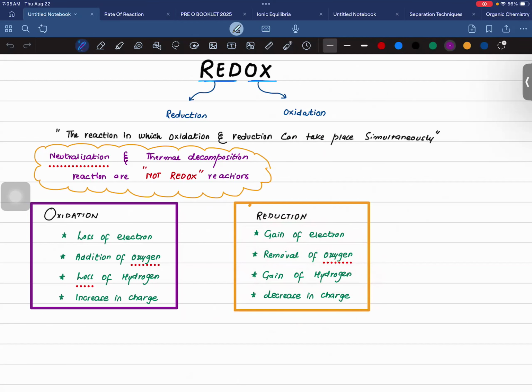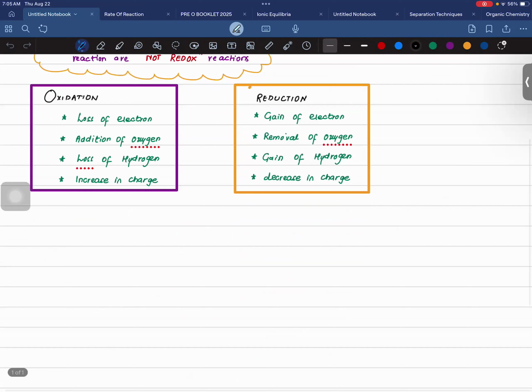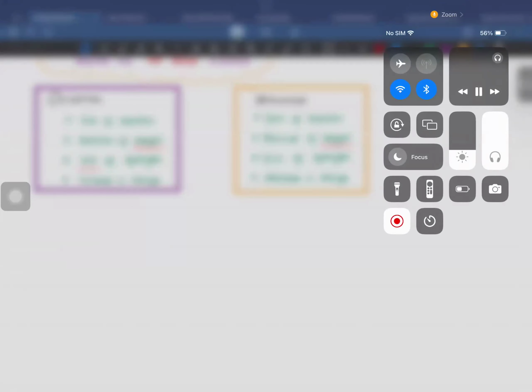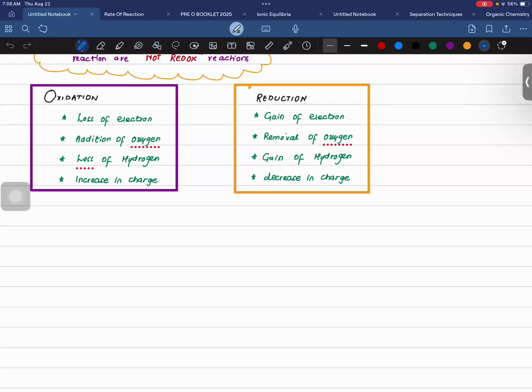But before discussing this in detail, you must know how to find the oxidation numbers, because when I give you any type of equation to find whether oxidation or reduction is taking place, it depends.